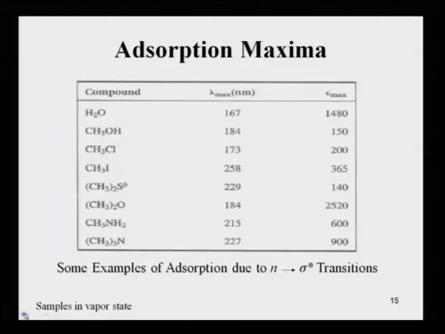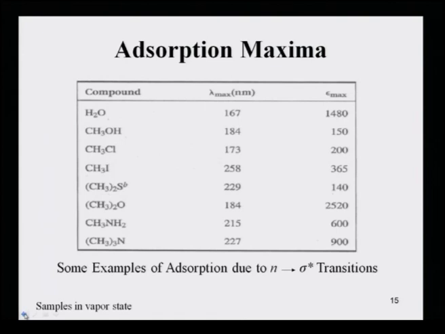Absorption maxima of certain solvents are given here. You will see some examples of absorption due to the n to sigma star transition. Water absorbs at 167 nanometers, having a lambda max of 167, and shows a molar absorptivity of 1480, whereas methanol shows a lambda max at 184 and a molar absorptivity of 150.